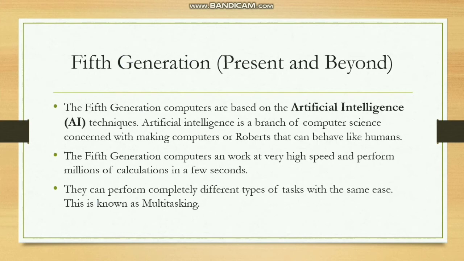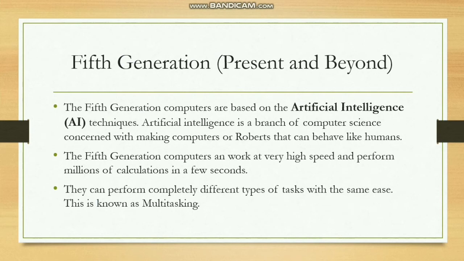The 5th generation. Now we are living with artificial intelligence. What is artificial intelligence? Artificial intelligence is a branch of the computer science concerned with making computers or robots that can behave like humans. The robots or the computers will be able to work or behave just like humans.